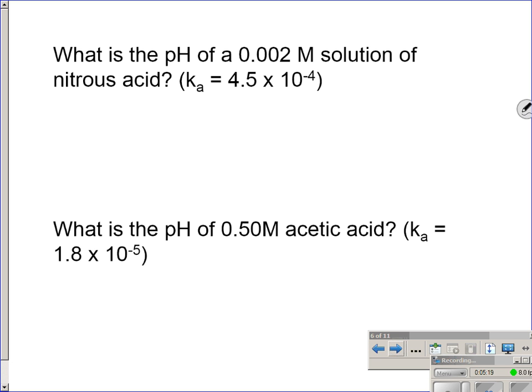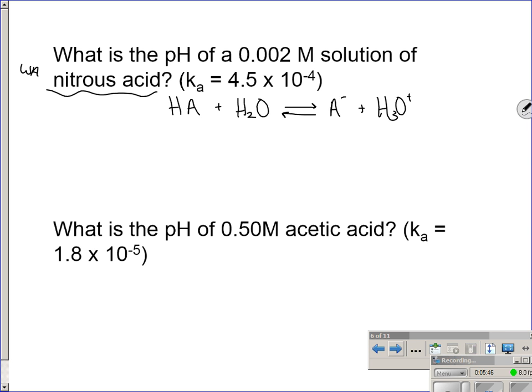Example problem number 2. We're dealing with a weak acid, nitrous acid. We know that acids are going to react according to the equation HA plus water yields the conjugate A minus plus hydronium.